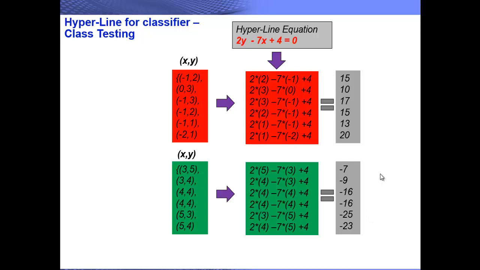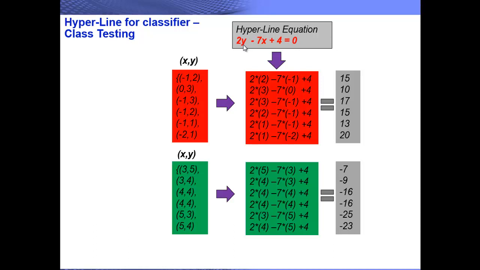So what we observe here is that when the hyperplane which visually separates the two classes is solved for the data points of one class, it gives all positives, and the points on the other side give negatives. The third case is data points which are actually on the line, which give 0, because that is the equation of the line.